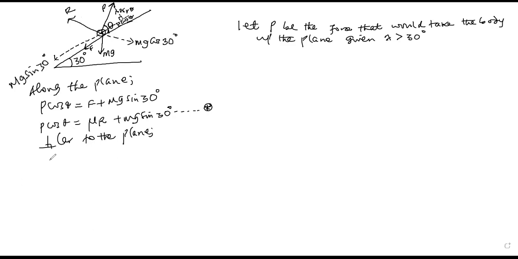So we shall have P sine theta plus R is equals to mg cos 30, implying that R is going to be equal to mg cos 30 minus P sine theta.